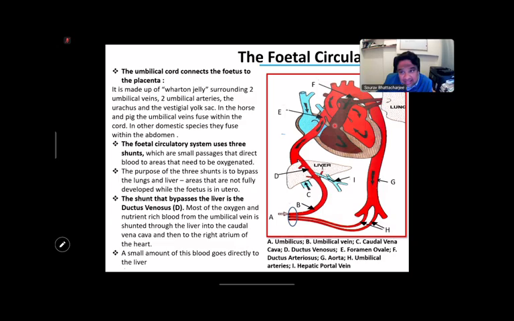Now, these are the two ventricles developing, and this is where the interventricular septum will also develop. This endocardial cushion will also give rise to the valves. On the right side, there will be the tricuspid valve. On the left side, there will be the mitral valve, sometimes also called the bicuspid valve.